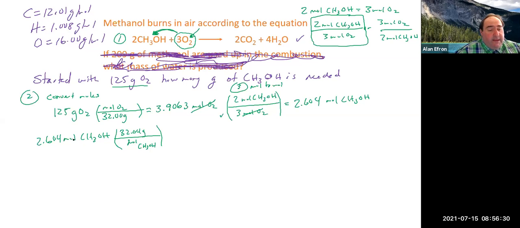We then do our fourth step, which is converting from moles to some other unit. And it looks like we end up with about 83.4 grams.